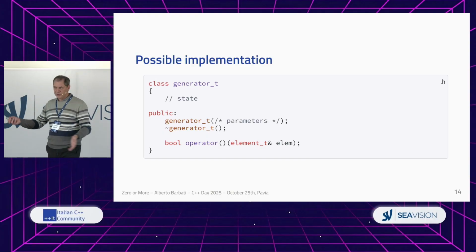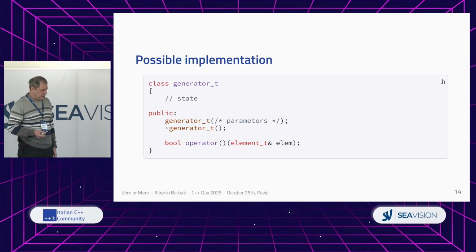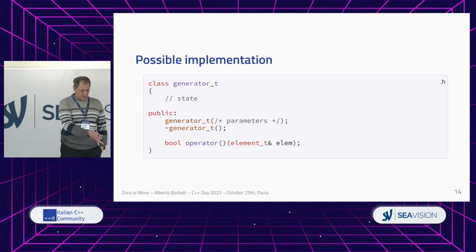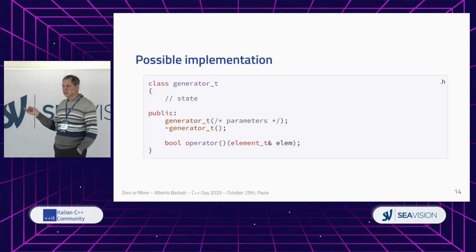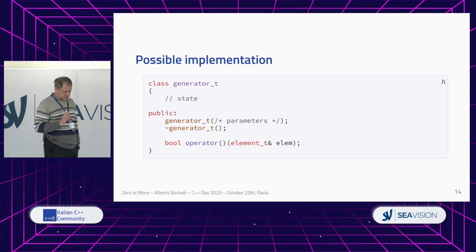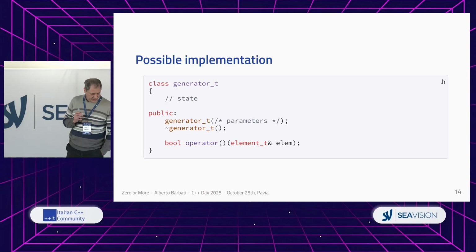This is a possible implementation, of course. The class with the generator has some kind of state, a constructor, a destructor, and this call operator, the bool operator in parentheses, that generates the element.